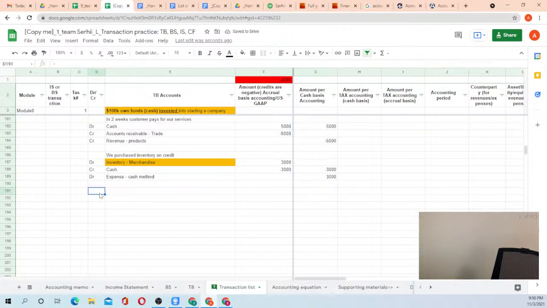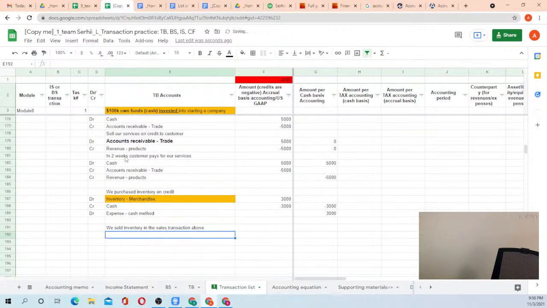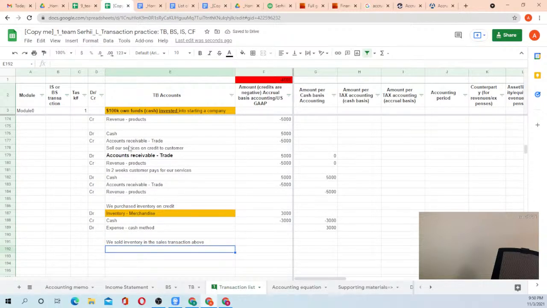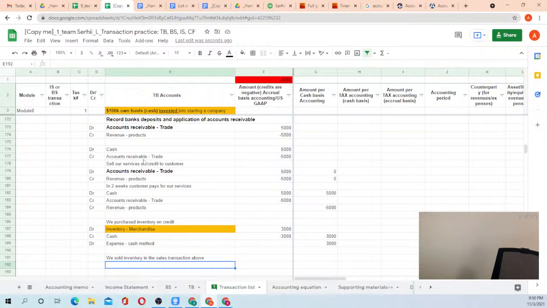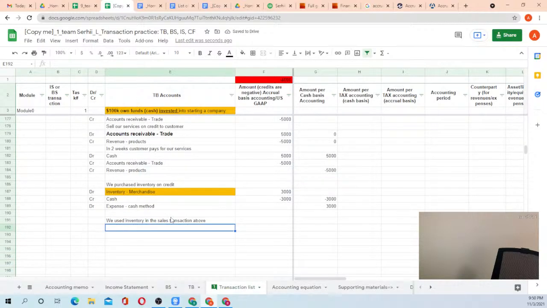Now, let's say we sold inventory in the sales transaction above. So in the transaction above, when we sold something to the customer, we sold services, but we used inventory in the sales transaction to render the services.